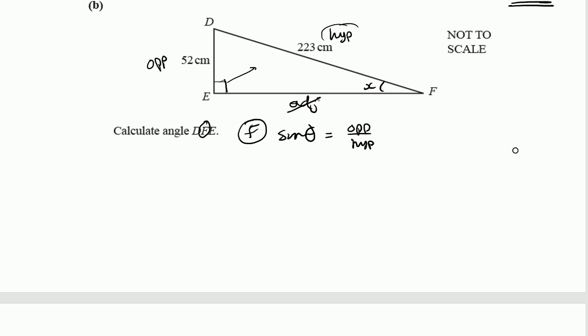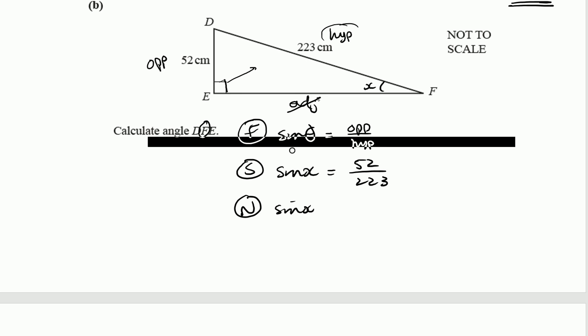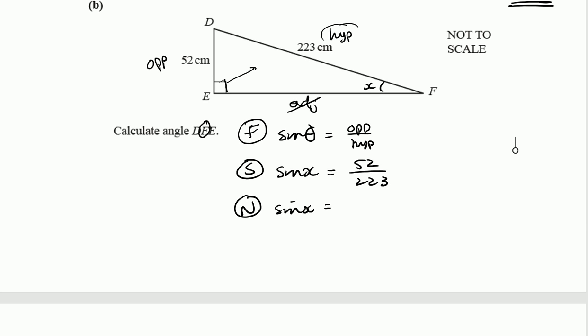When I substitute into this formula, I'm getting sine x is equal to 52 over 223. A nice job to do here would be to do that division. 52 over 223. That's getting me an answer of 0.233 on my calculator.